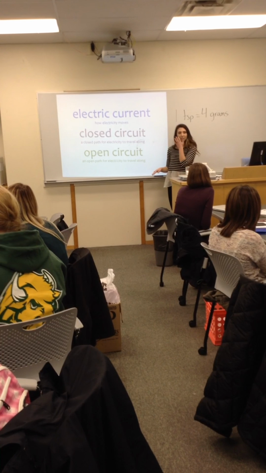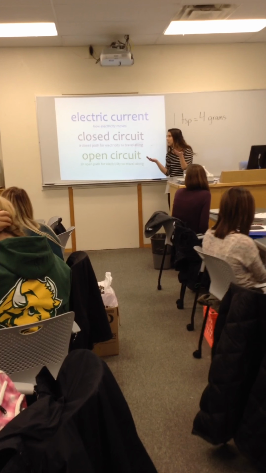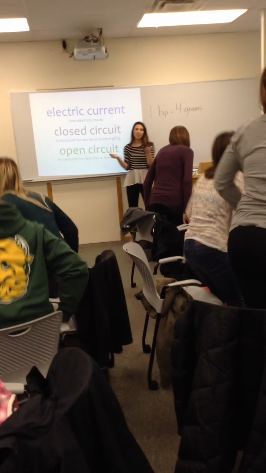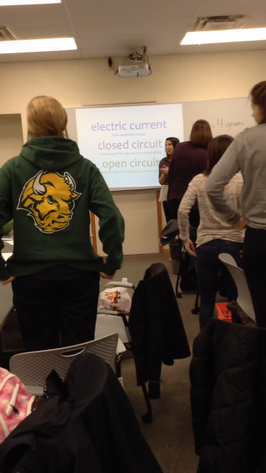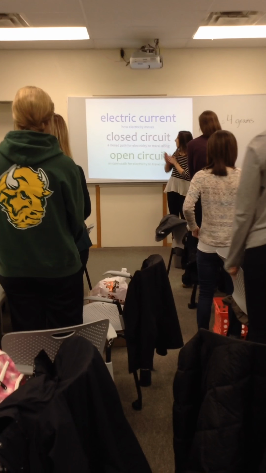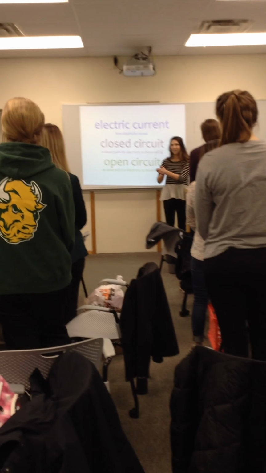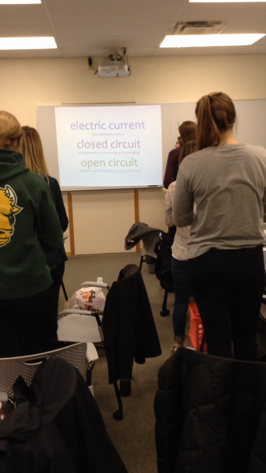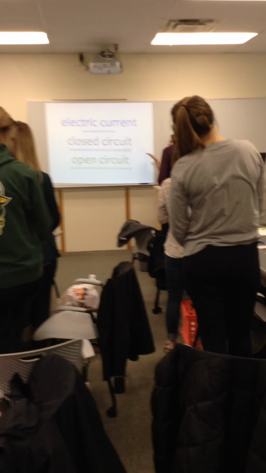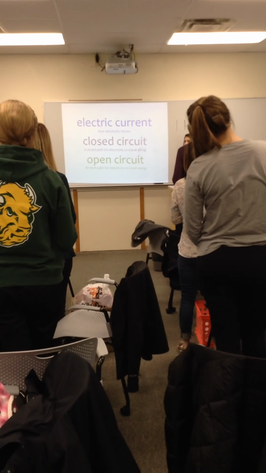It's how electricity moves. So you can stand up and we're going to do some motion towards each of these words. I had motions planned already, but if anybody thinks they have a good one for electric current, they can do it. So ours is going to be electric current. Yep, it's how electricity moves. And a closed circuit is a closed path for electricity to travel on.